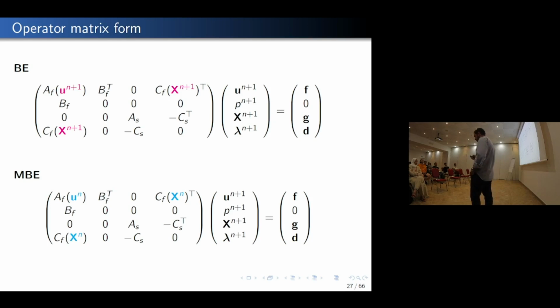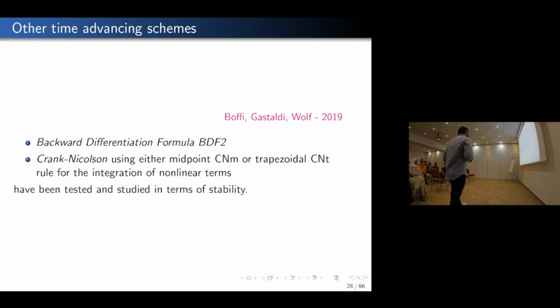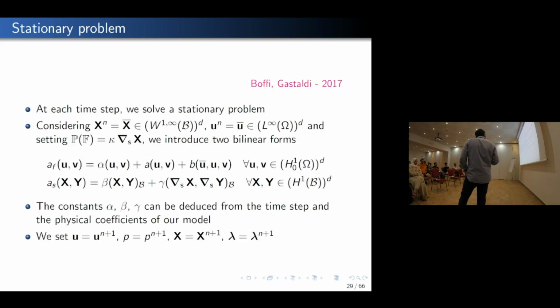Remember this, it's important. Other time advancing schemes were studied by Daniele Boffi, Lucia Gastaldi, and Sebastian Wolf, and they studied the application of backward differentiation formula BDF2 and the Crank-Nicolson scheme with the midpoint or trapezoidal rule, and they show that they are unconditionally stable like backward Euler and modified backward Euler.